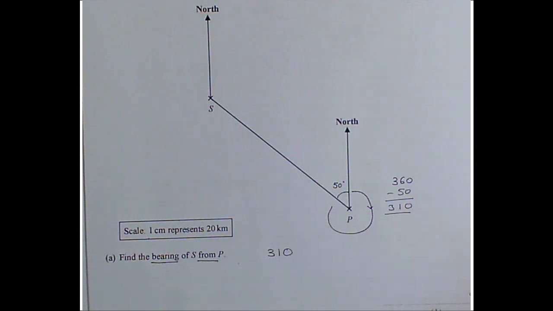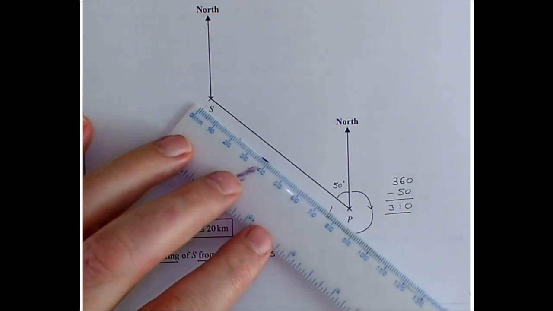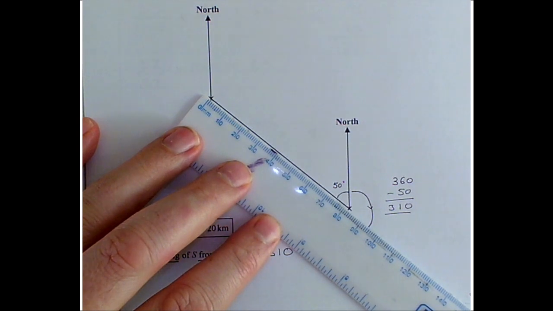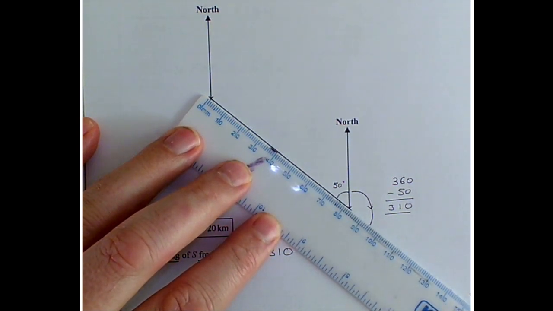Now I've got a scale, luckily. It says 1 centimetre represents 20 kilometres. So I want to know the distance between S and P. If I measure that, I'm getting about 8.4 centimetres.